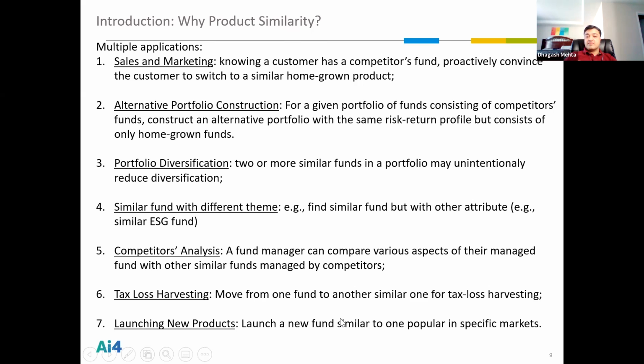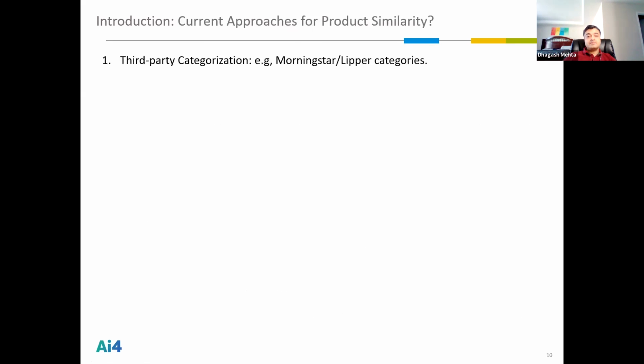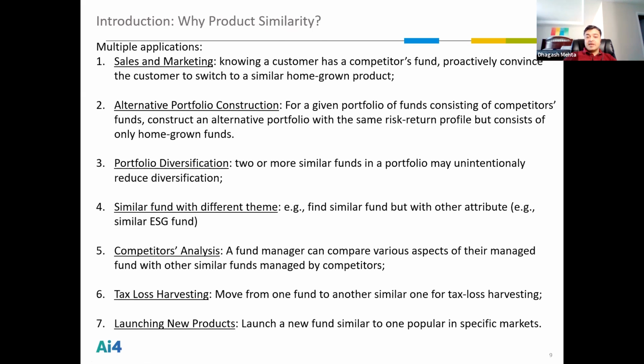So here, instead of using similarity, you are talking about dissimilarity. If you see that most funds are dissimilar to the one that is picking up, then there is a gap here for your company to launch a product in.